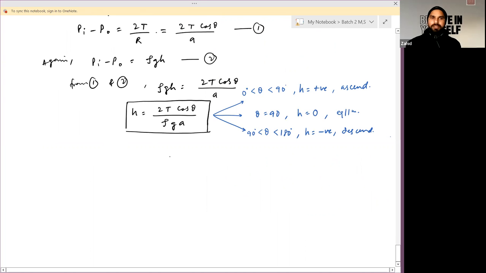Now, related to this formula, there will be a question to define the mass of liquid raised related to the radius of that capillary tube. So next is the relation between mass of liquid and radius of capillary tube.